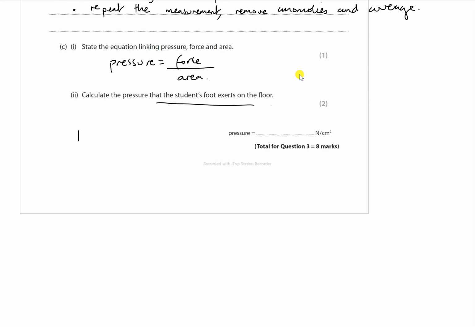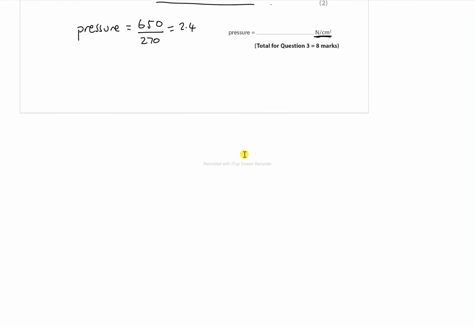So pressure is 650 newtons divided by 270 square centimeters, and that gives 2.4, and they've given you the units here. So we don't put pascals or some other unit. They've given it to us, so we'll leave it.